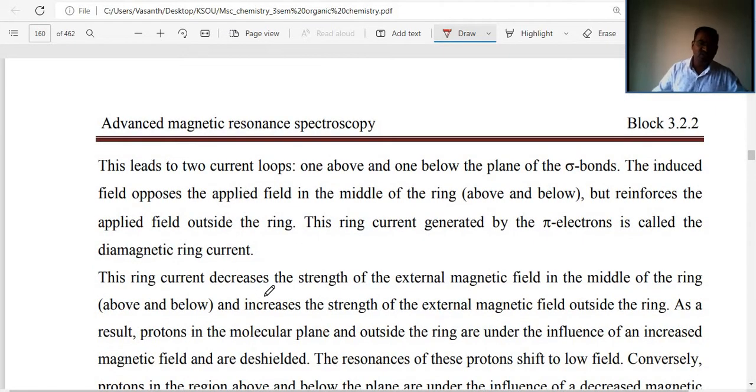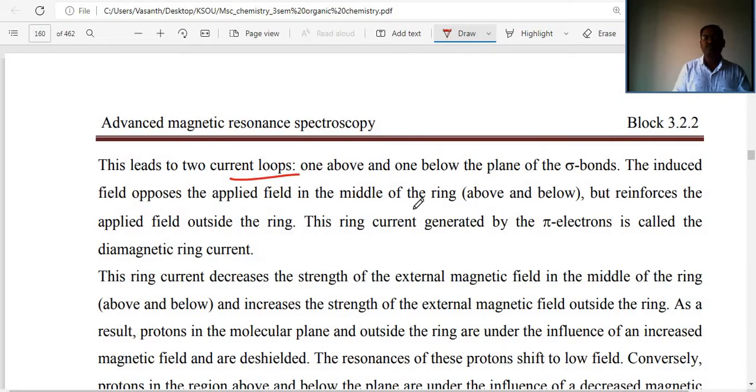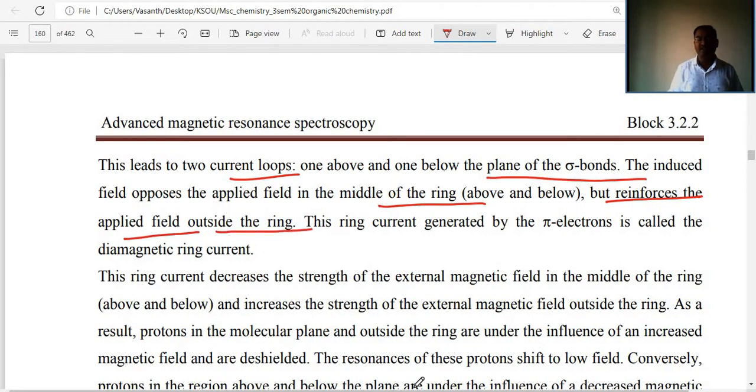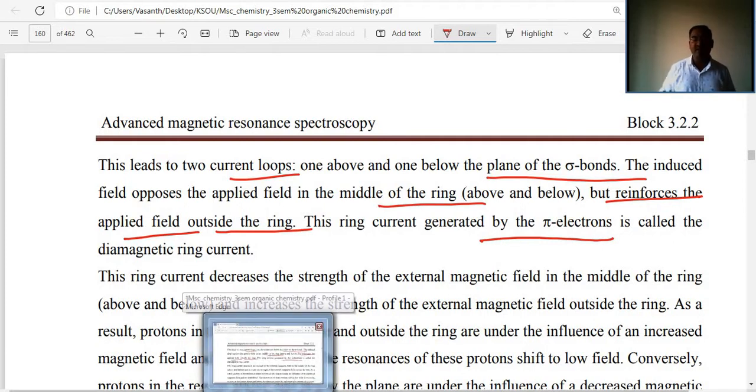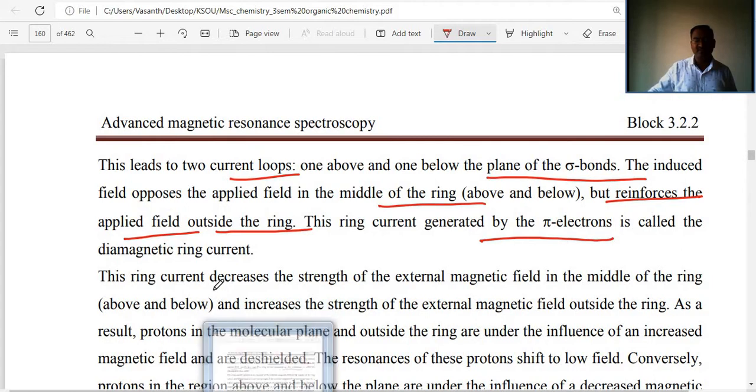Here this leads to two current loops, one above and one below the plane of the pi bond. The induced field opposes the applied field in the middle of the ring, but reinforces the applied field outside the ring. The ring current generated by the pi electrons is called the diamagnetic ring current.